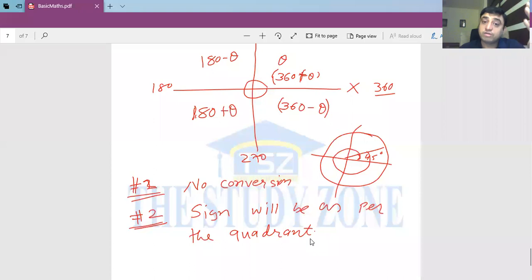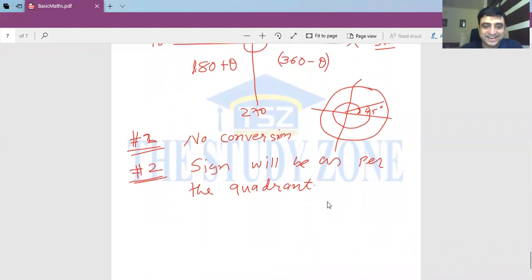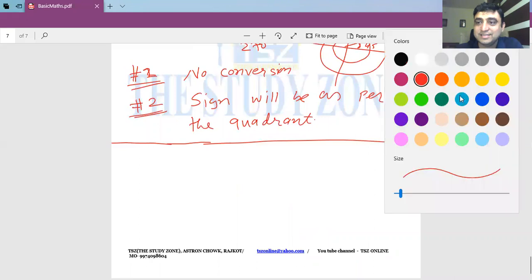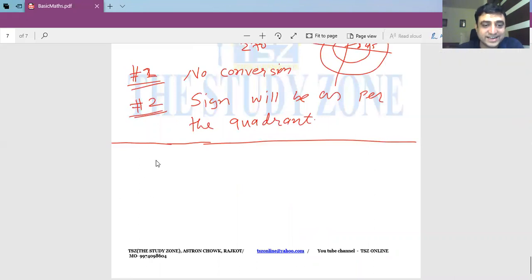If it is in the form of 90 plus or minus theta or 270 plus or minus theta, there is a conversion. And rule number two is common for both. Let us understand it. Again, there will be 24 new formulas by using these two rules only. See the magic of rules and understand it.